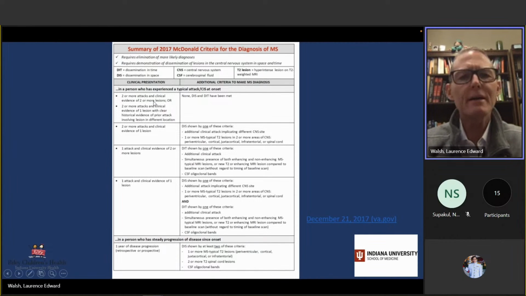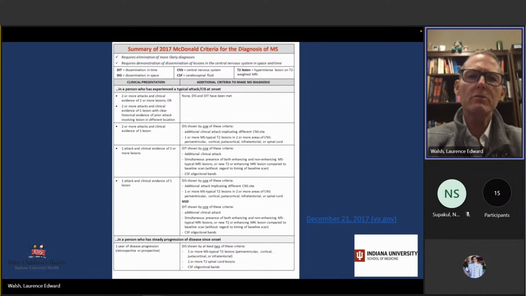You can look these up, but basically, if you have two or more attacks, and you can show on clinical signs that you can confirm those, then you've met the criteria for MS. Once you start getting away from that, and you start getting to one attack and so on, or one lesion, then you start having to rely on other things, and that's where the radiology starts coming in. And then once the radiology plus the clinical picture can't help us, then that's when the CSF oligoclonal bands come in.